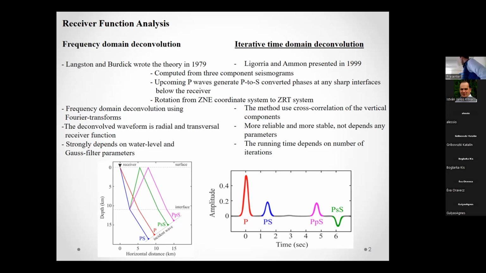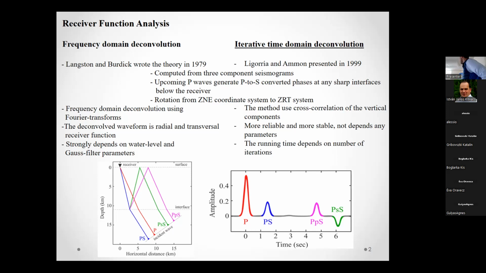In this example, we show the P2S receiver function because we use the P converted wave of the waveform, and after some mathematical calculation, we produce this radial receiver function where the multiples show information about the structure beneath the station.